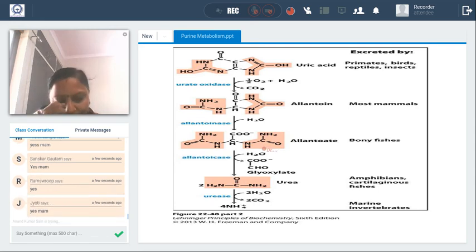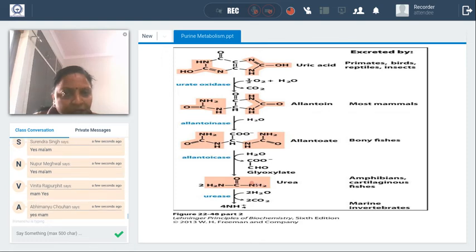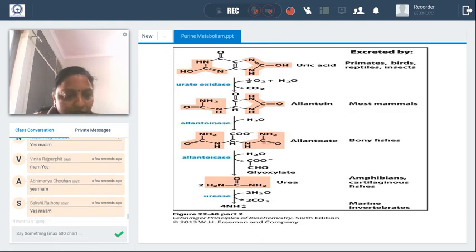Have you understood the whole process of this purine metabolism? The de novo process, you have to learn. There is no alternative except learning, and salvage is easy for all of you. You can easily understand.